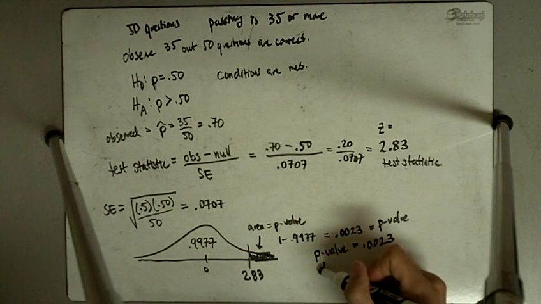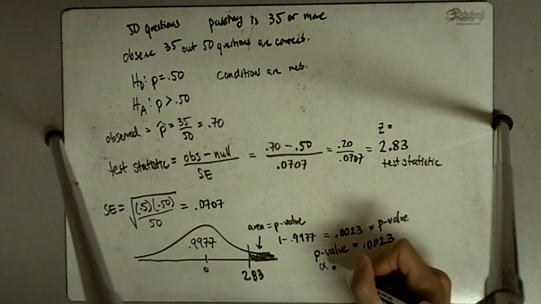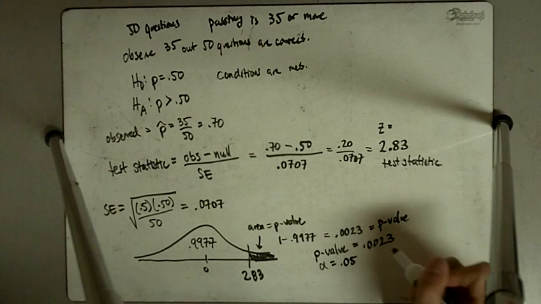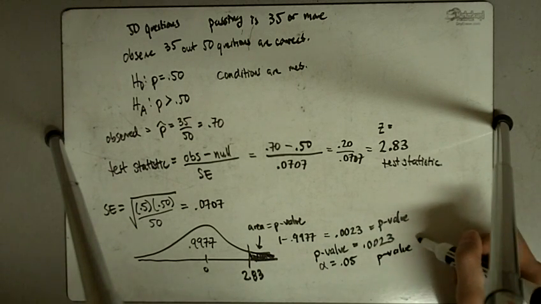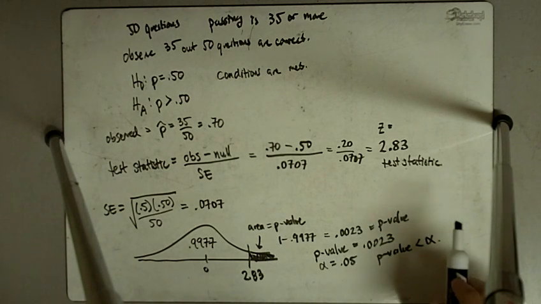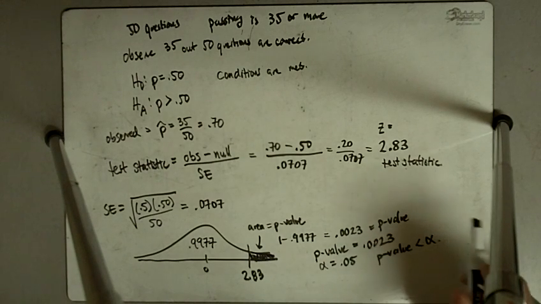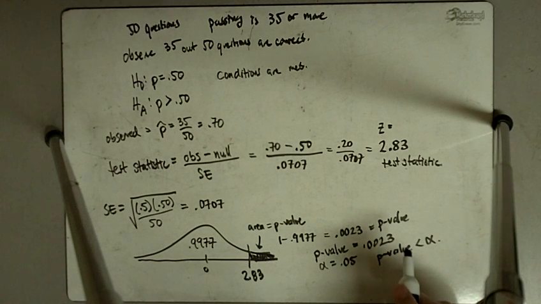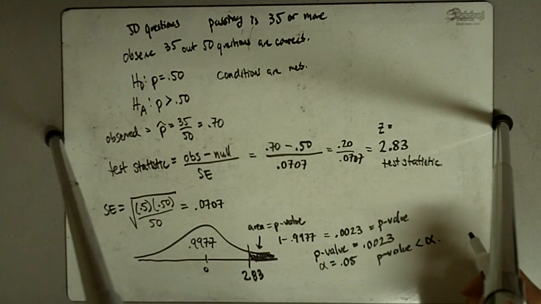If I use alpha as 5% or alpha 1%, whatever I want to use, my p-value is less than alpha. This means the probability that I observe 35 out of 50 questions right, if the student's just guessing, is about 2 in 1,000. Only 2 in 1,000 students will manage to just correctly guess 35 of the questions. That seems really small.